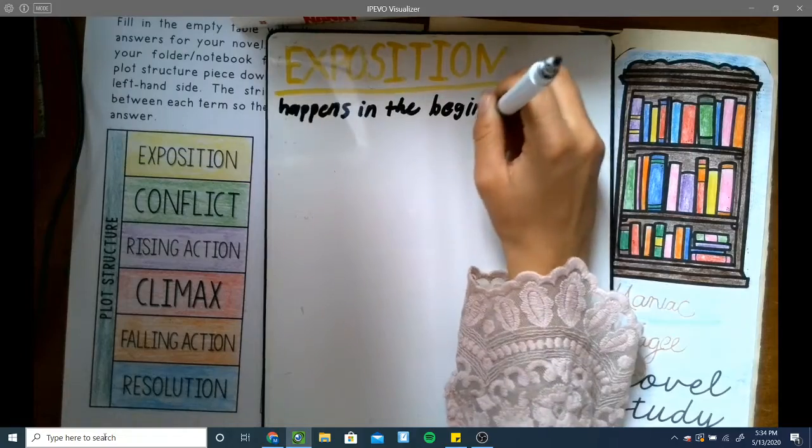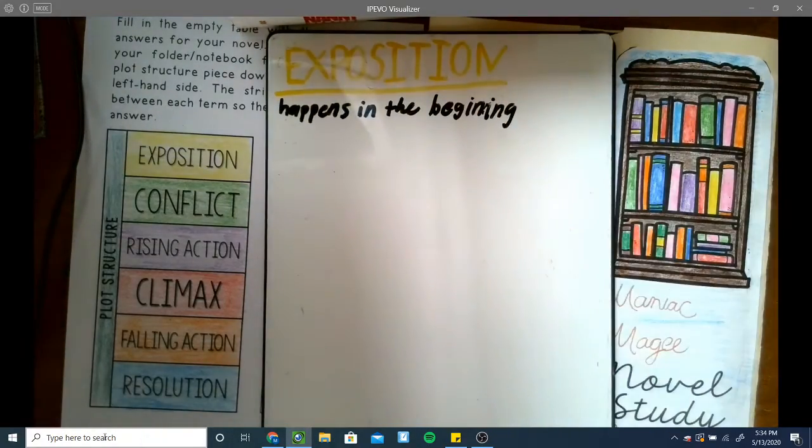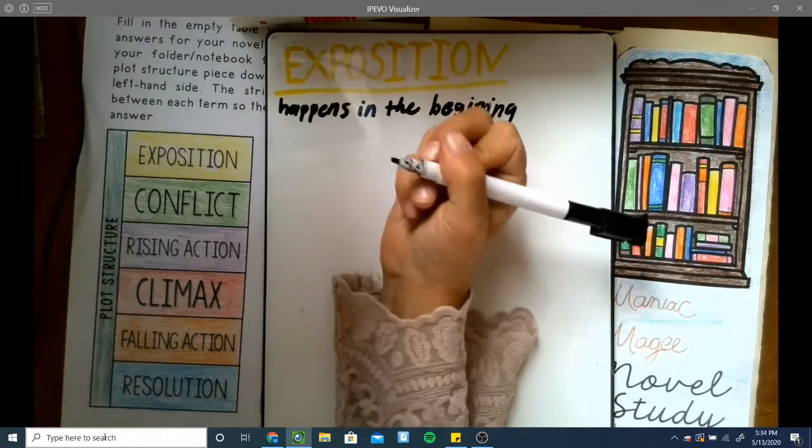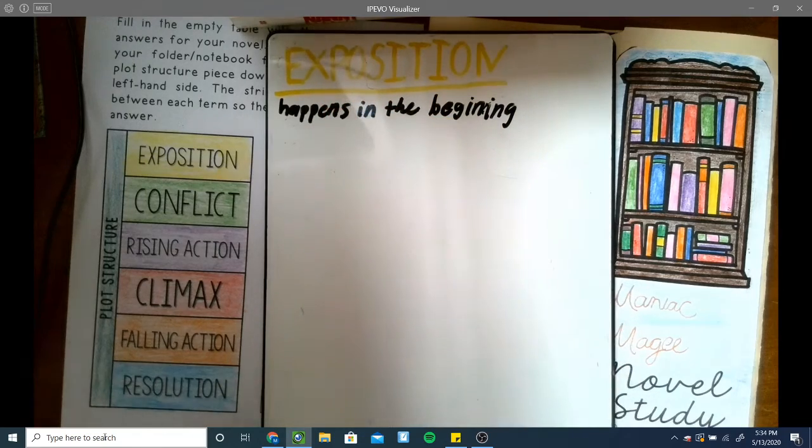And usually we introduce the characters and the setting, and we see who and what and where the story is about.